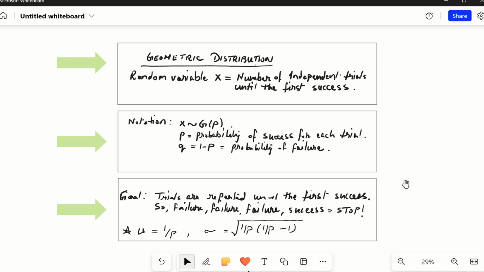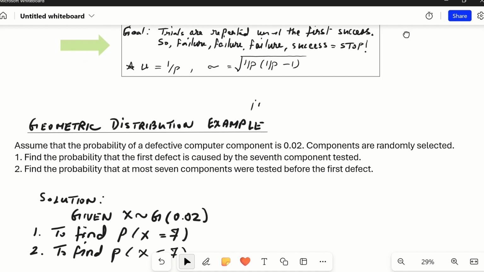And for those of you interested in other statistics about geometric distribution, the mean is given by 1 over p, the probability of success, and the standard deviation is the square root of the mean times the mean minus 1.